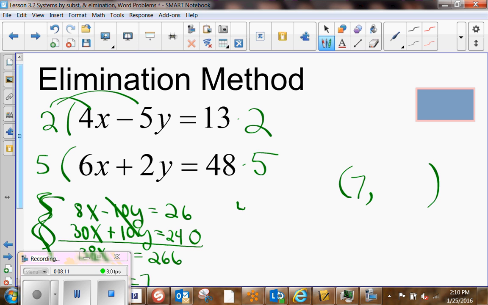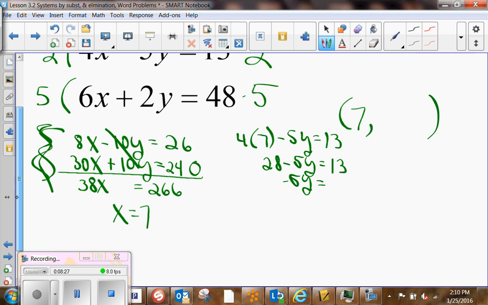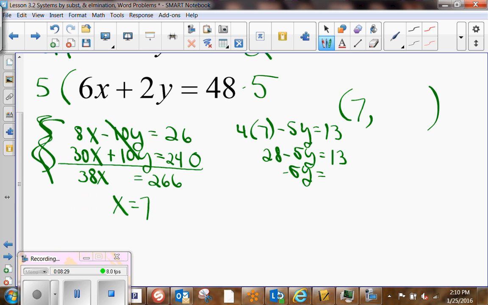So I'm going to go 4 times 7 minus 5y equals 13. 5y is, what is that, negative 15? So y appears to be positive 3. Confirmation on that? 3.